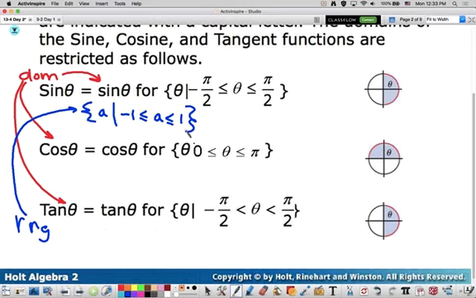In red, or just what's already there, that is the domain for these restricted domain functions: sine, cosine, tangent. And in blue, I'm going to put the range.